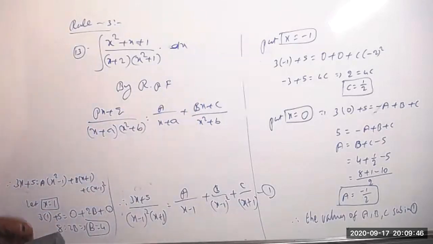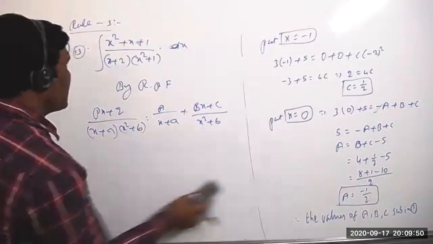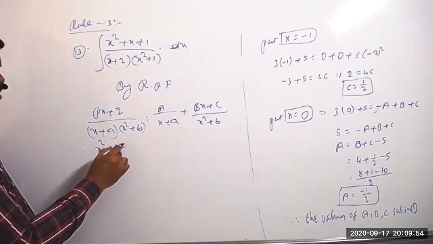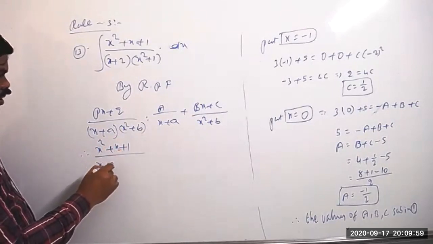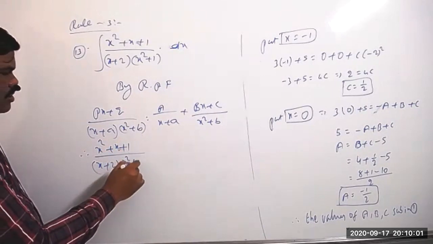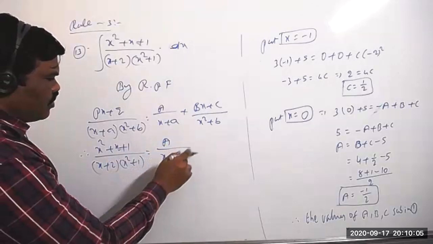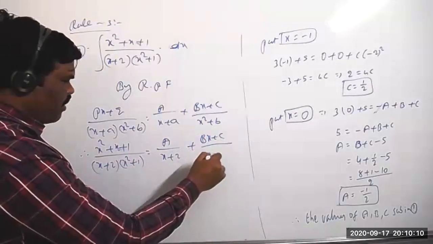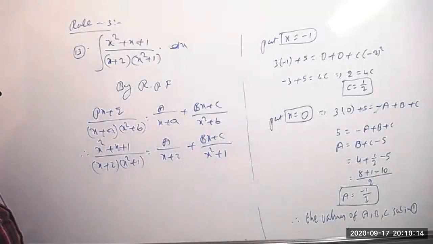Now in the same way, x square plus x plus 1 whole by x plus 2 into x square plus 1 is equal to a by x plus 2 plus bx plus c by x square plus 1. Okay, now you can follow the same procedure.